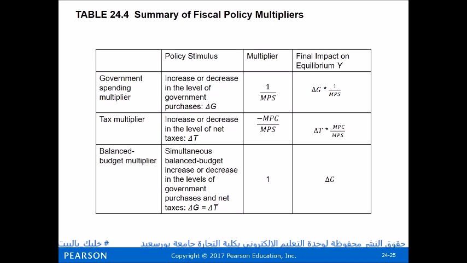The table we have here summarizes the three multipliers. So let's begin with the government spending multiplier.